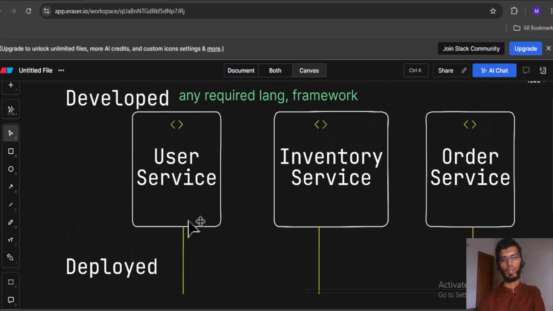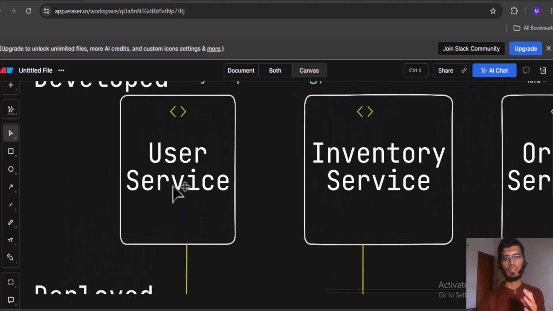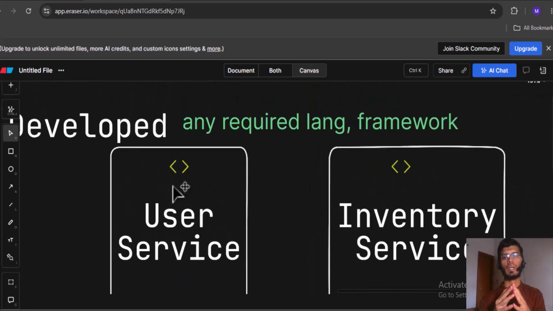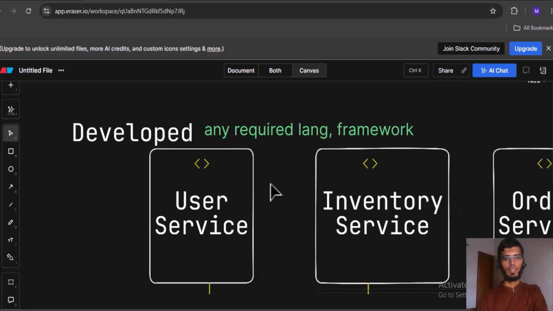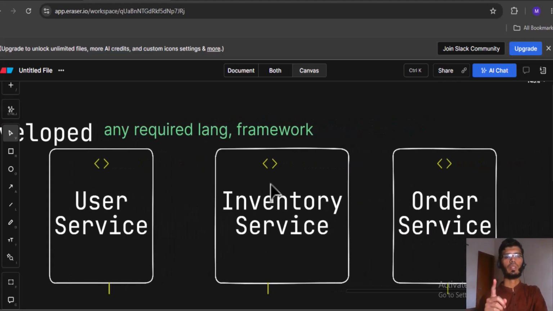Furthermore, as each service has its own code base, we can develop each service in any language according to the business case. Like we can develop the user service in Ruby on Rails. Similarly, we can develop the inventory service in another framework like Node.js. Along with that, these services are loosely coupled.